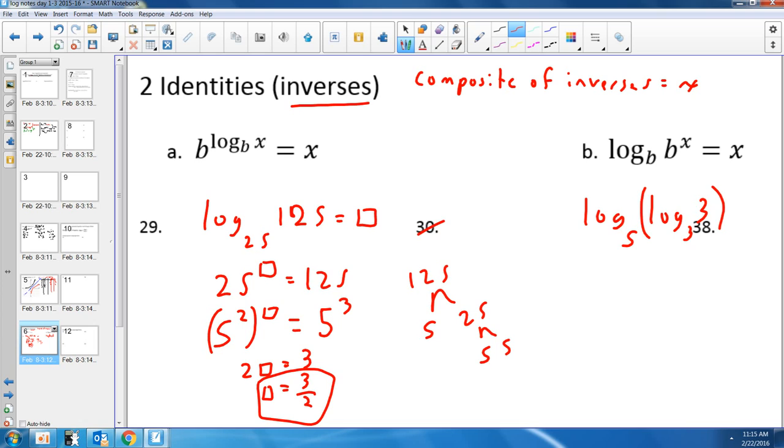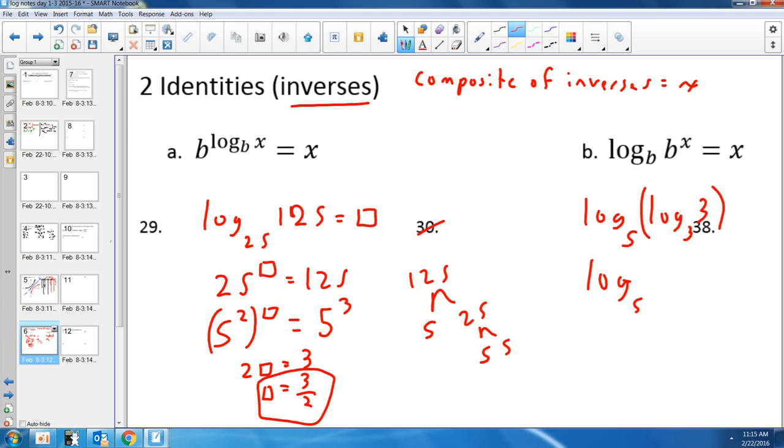So the question is, how do you do this one? Well, you always start with the inside parentheses, work out. So I'm going to start with this. It's the same idea as this, 3 to what exponent is equal to 3? And that answer is going to be 1.